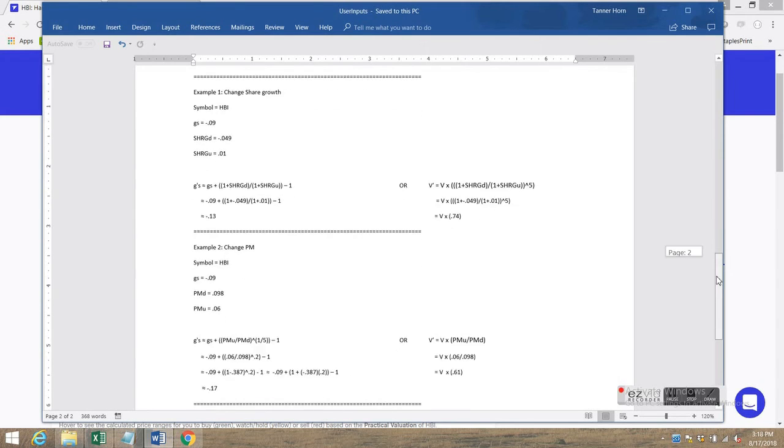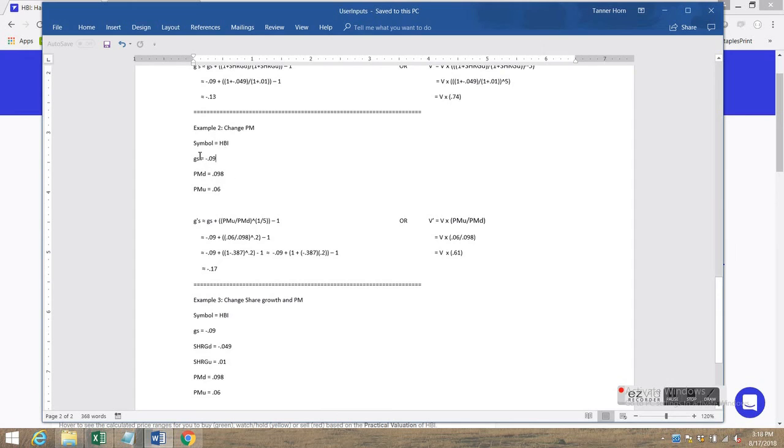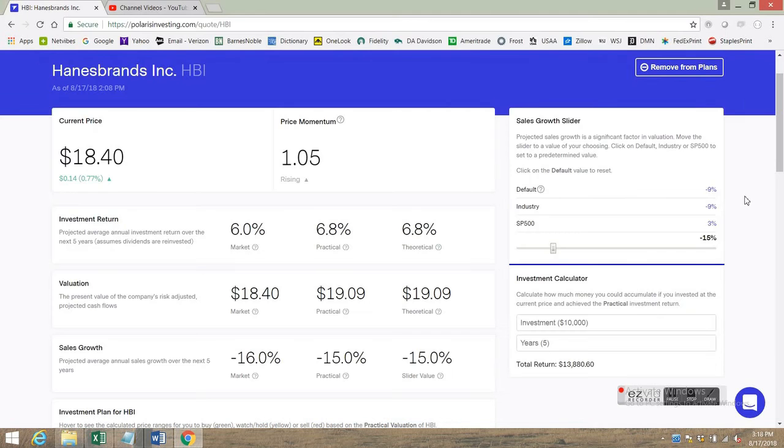Profit margin, I'm going to go through a lot quicker. You do the same thing. You get either a -17 total growth that you would move the slider to, or you would just use 0.6 of the current valuation with the slider set to the default, and then you just move the slider till you get to what is 0.6 times 25.2.